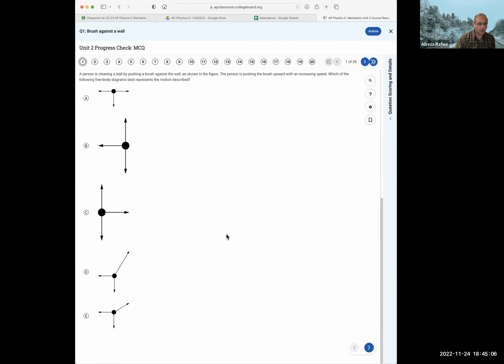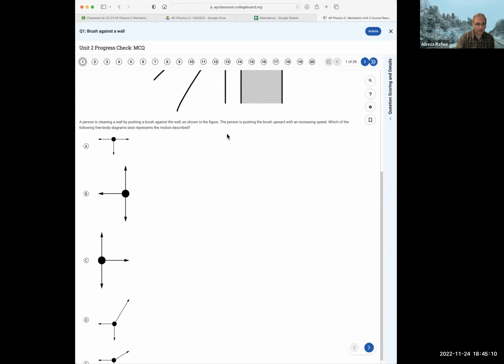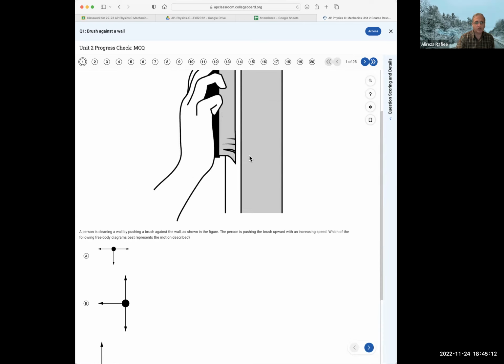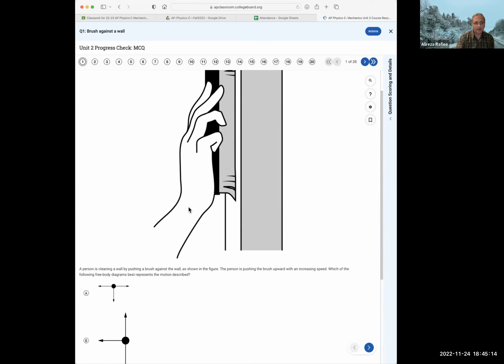Okay. Now the question is, which one is it? Now it has to tell us how we push this. Look at the handle, right? The hand is pushing this, so I suppose I can assume that it's pushing along the arm, which is tilted at an angle.